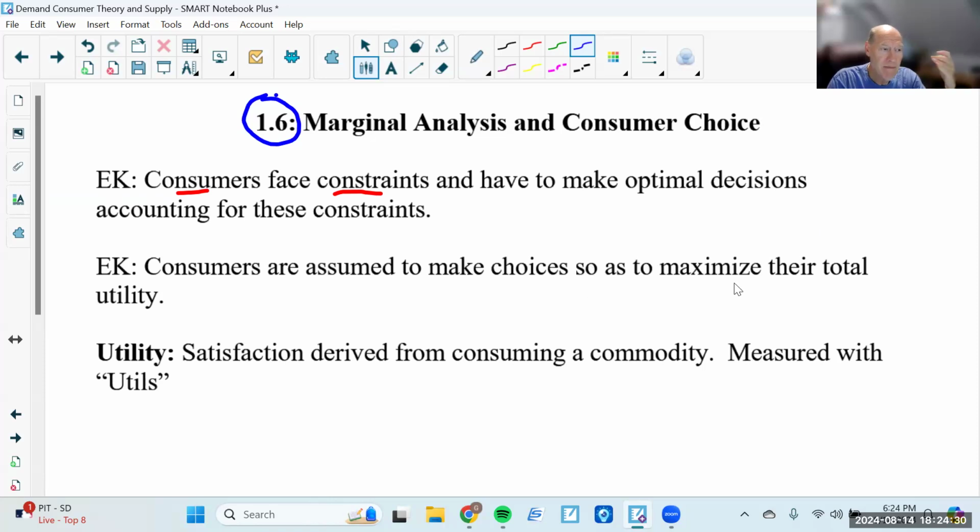So when we make decisions, we're trying to maximize our utility, okay? Utility is satisfaction, happiness. Everything we do, we're trying to maximize our satisfaction, our utility. You guys are taking an econ course right now because you're going to just love econ, right? No, not necessarily. You're taking an econ course because you know that it's hopefully going to lead to a better school and therefore a better degree and therefore a better life.